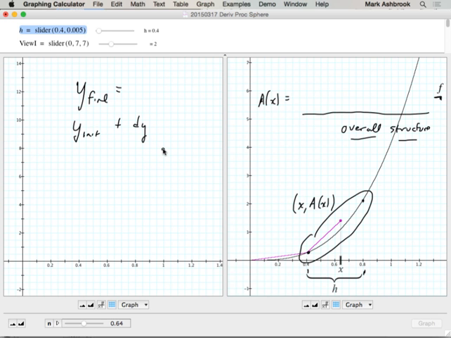This is our linear function. And so what is y initial? Y initial is? All right, and so for this interval, it's f of 0.4, but what would it be for any interval? F of left x, right? So there's our y initial.